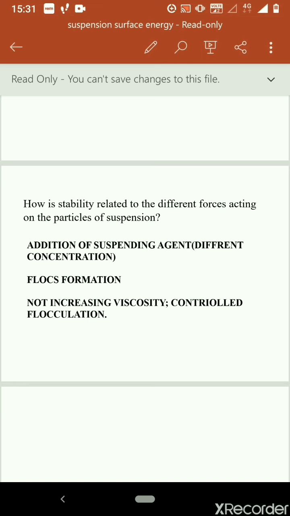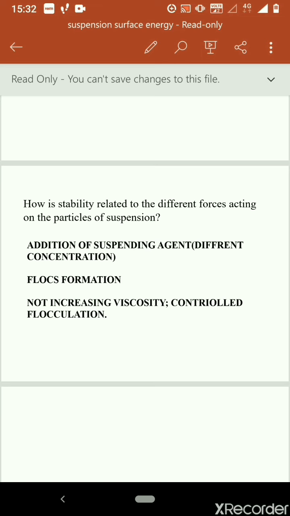When the flocs are formed, or when the particles have some kind of attraction between them, as I have told earlier, then they settle very rapidly, but they can be easily redispersed with time. The floc formation can be altered, and this can be studied by different methods. The surface tension can be studied, and different other parameters can be studied for the flocculation formation, and hence for the dispersibility of the suspension.